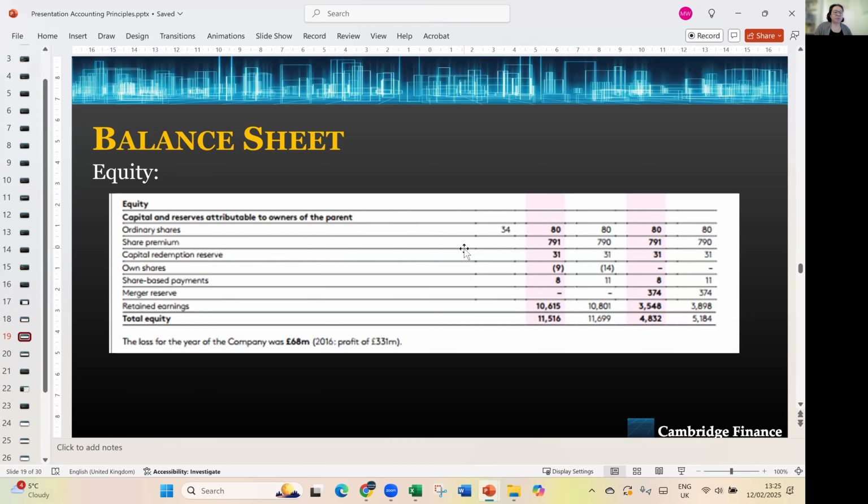And then they have the ordinary shares, capital, own shares, and so on. These are not the numbers, these are values here. So if they have, for example, 12 million in this case, shares, then you should be trading at this £1 per share, right? So that's more or less what we're saying.